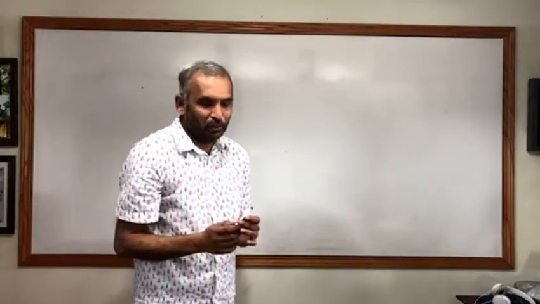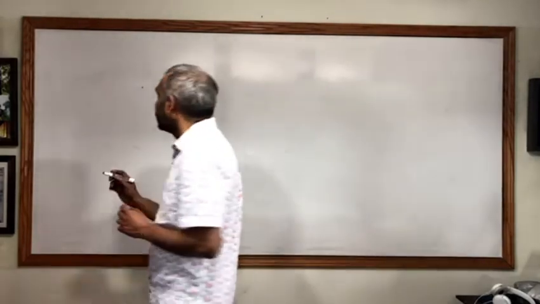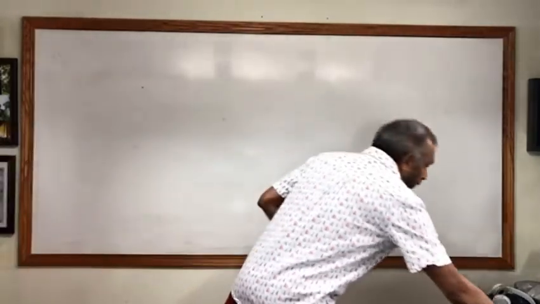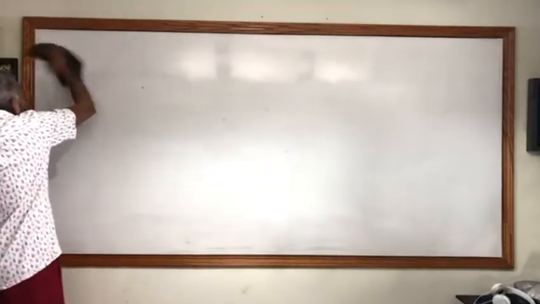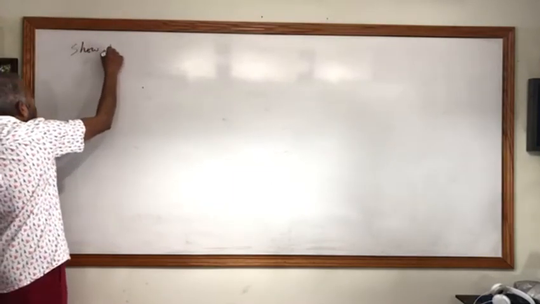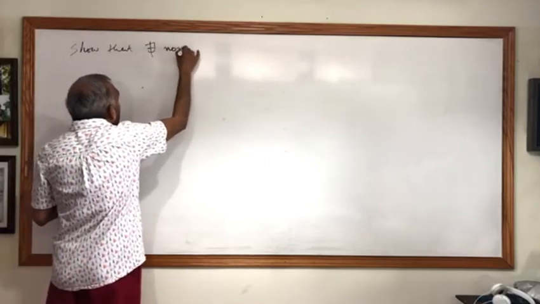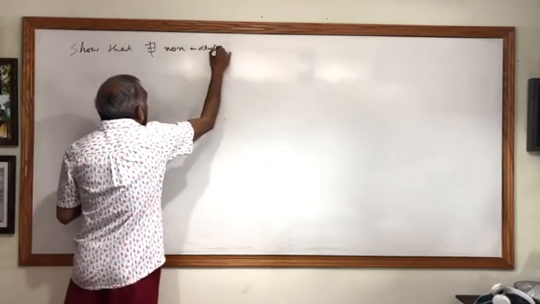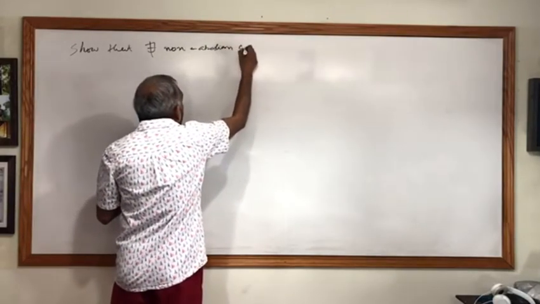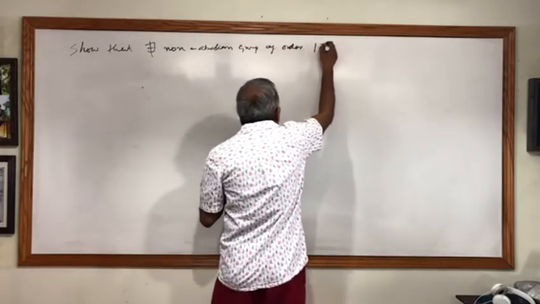So let us do one more problem before we complete this chapter on group presentations. The last problem we are going to do in this chapter is: show that there exists no non-abelian group of order 15.